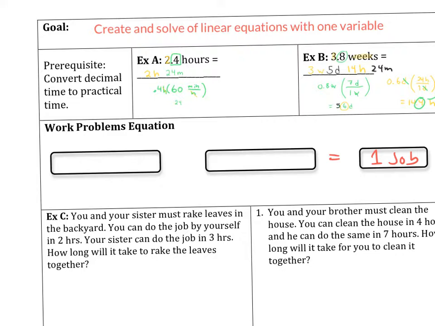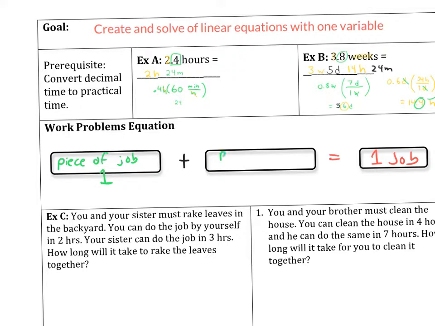Now, in this case, I have 2 people. There are 2 people in my scenario. So when I consider how much work or how much of the job, this is the piece of job for worker 1, in this case, you.